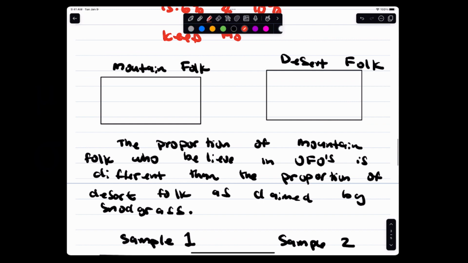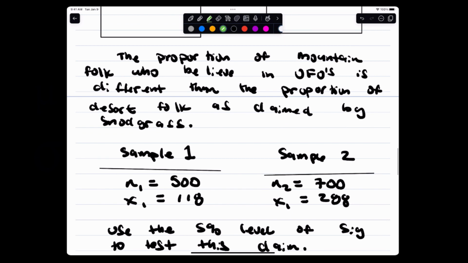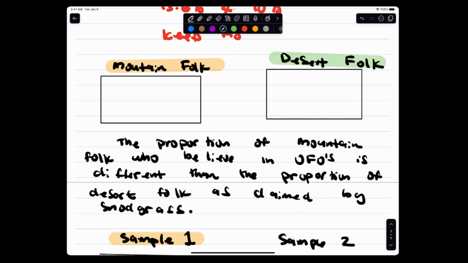Okay, so we're going to compare now. Who are we comparing? Mountain folk with what? Desert folk. So that first group, the first sample we have to take, is the mountain folk.